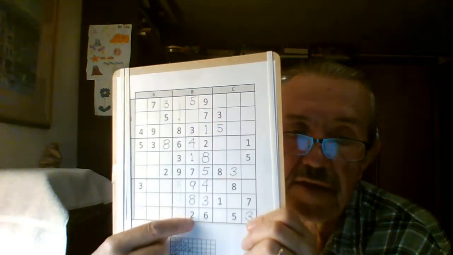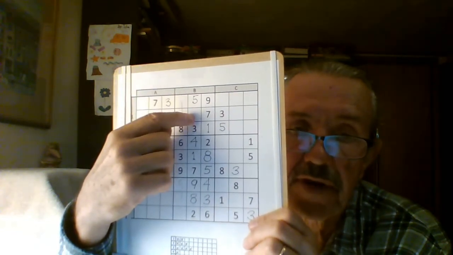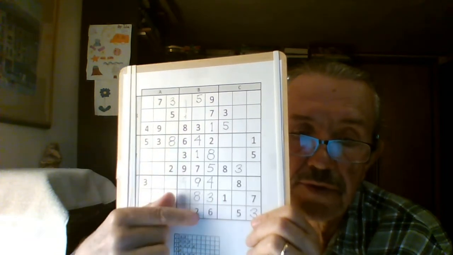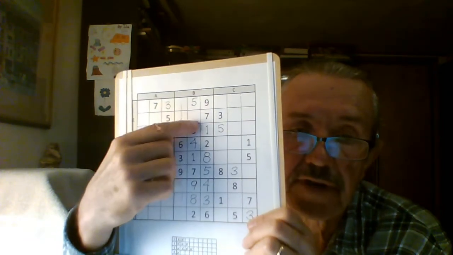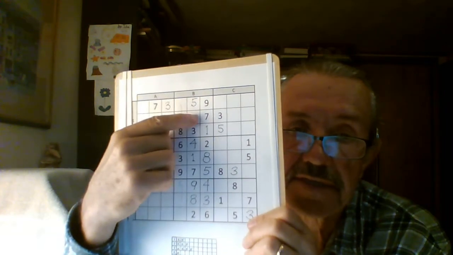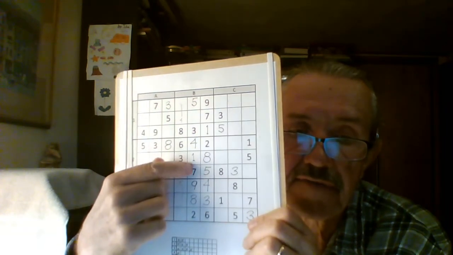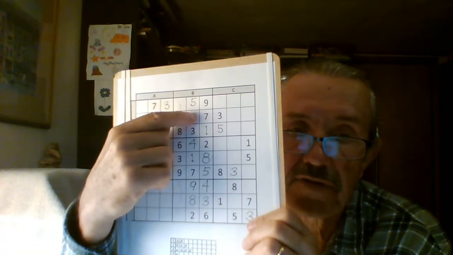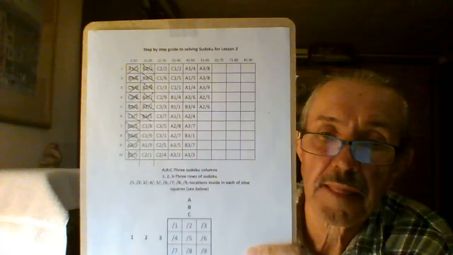It means that this will be the location for number 6, because 1, 2, 3, 4, 5, 6, 7, 8, 9. This location is only for number 6.